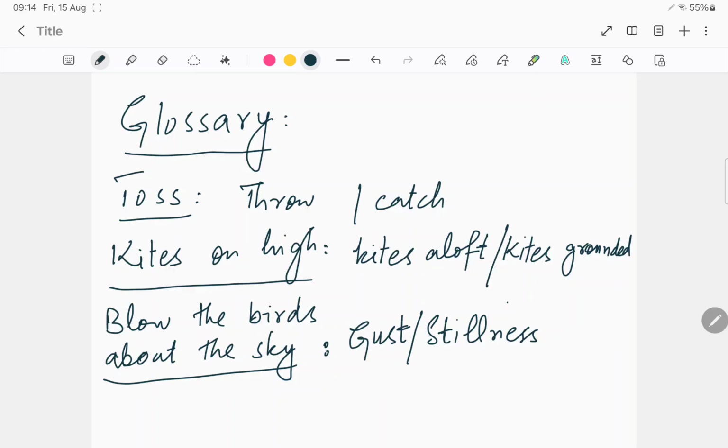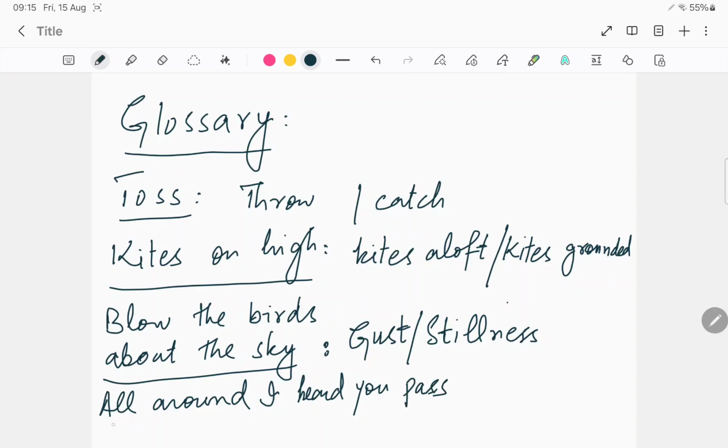The next word that we have here is all around. I heard you pass.